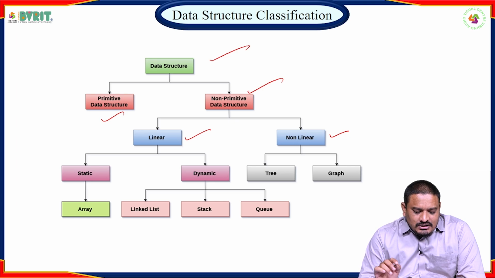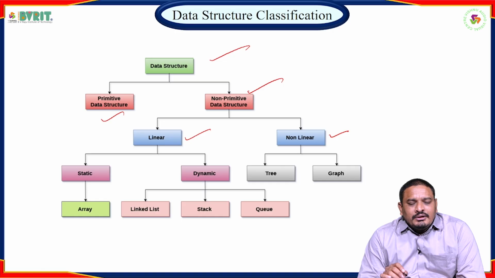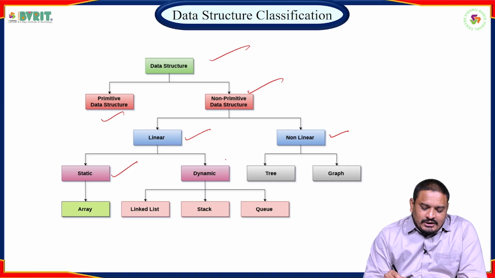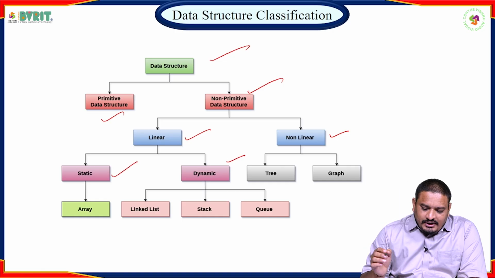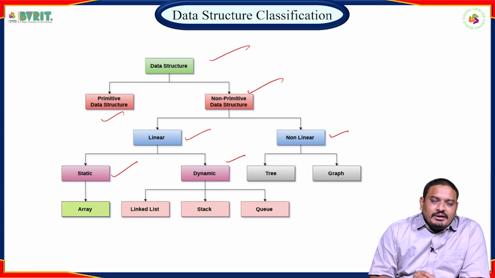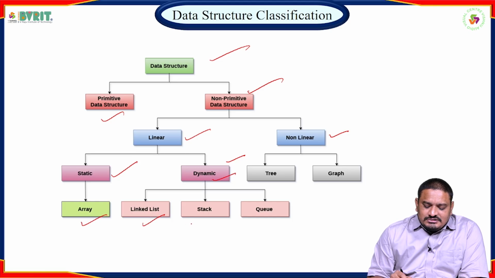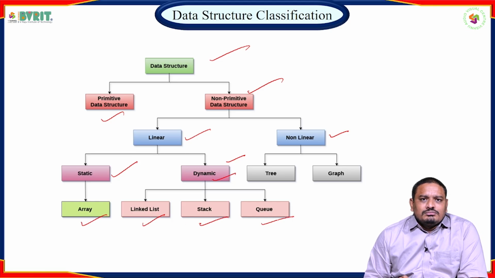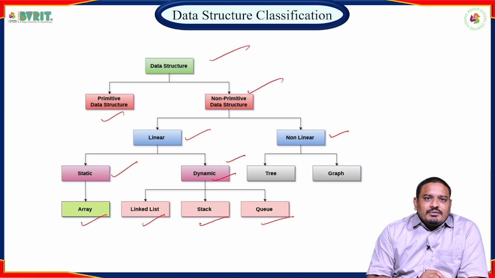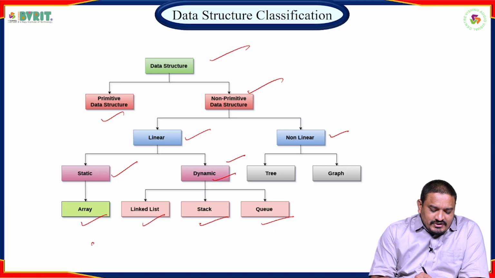The linear data structures are static and dynamic data structures. Under linear data structures, the static data structure is the array, and the dynamic data structures are linked list, stack and queue. What is the definition of an array? An array is a sequence of elements.